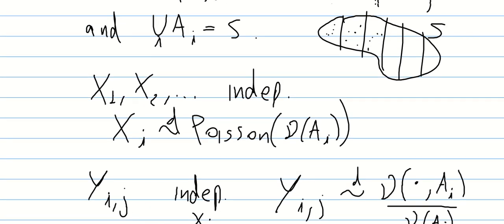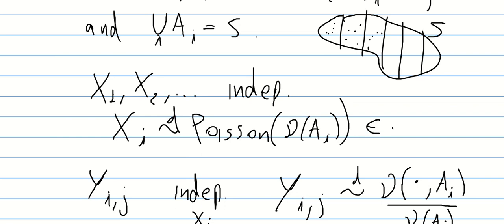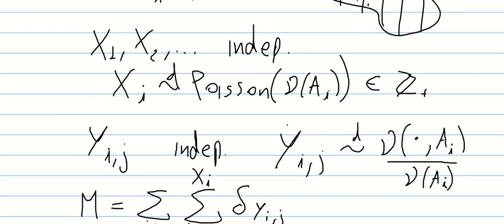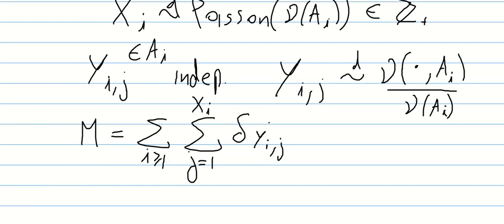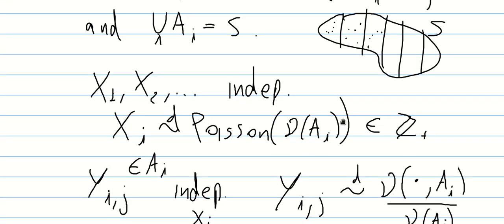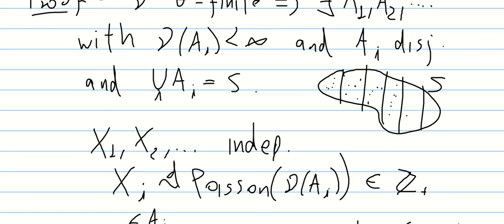So the ξ's are in Z plus, and the Y's are in S, or in A_i actually. So we're going to sum deltas of Y_ij. So this is a construction. It will look like a point measure. Good.